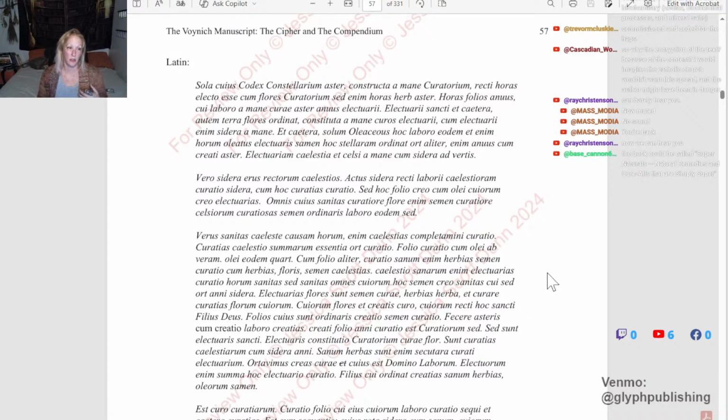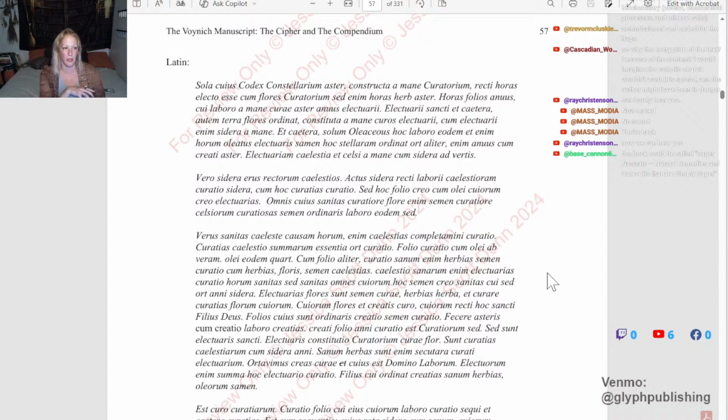Sola cuius codex constellarium aster, constructa amene curatorium rectae oras electo esse cum flores curatorium sed, enim oras erb aster. Oras folios annuus cui laboro amene curae aster annuus electuari. Electuari sancti et cetera, altum terra flores ordinat, constituta amene curos electuari.